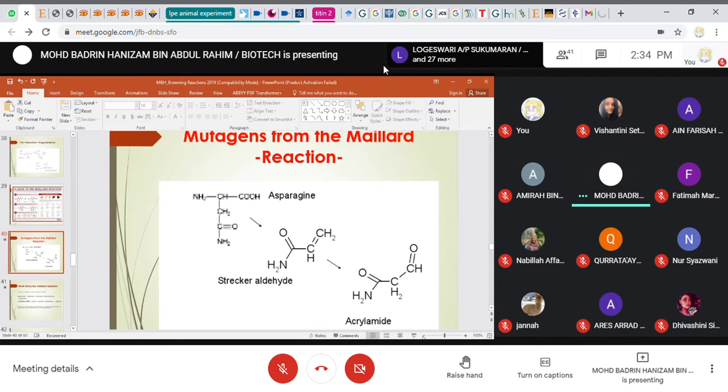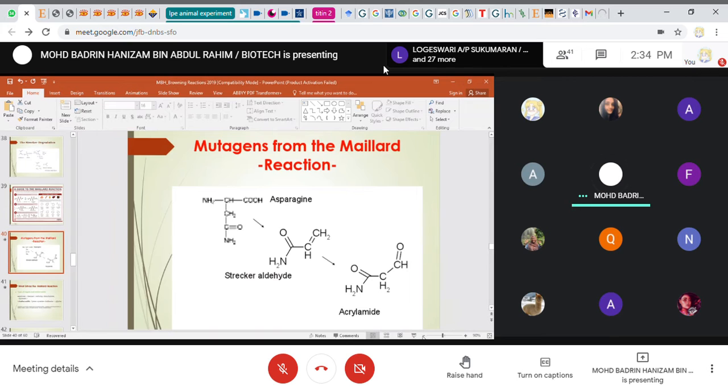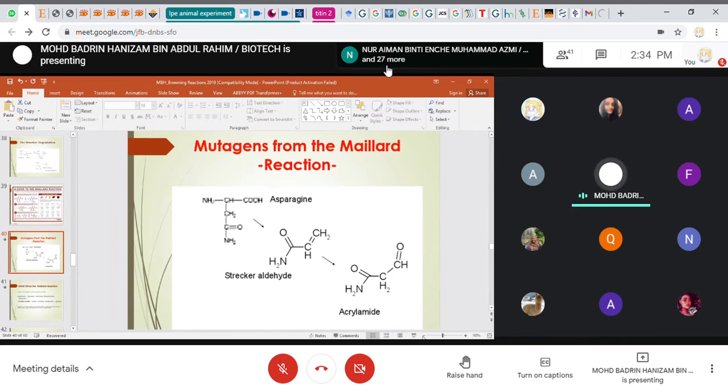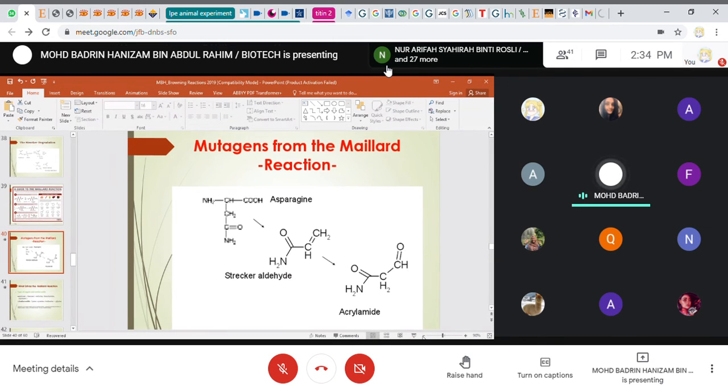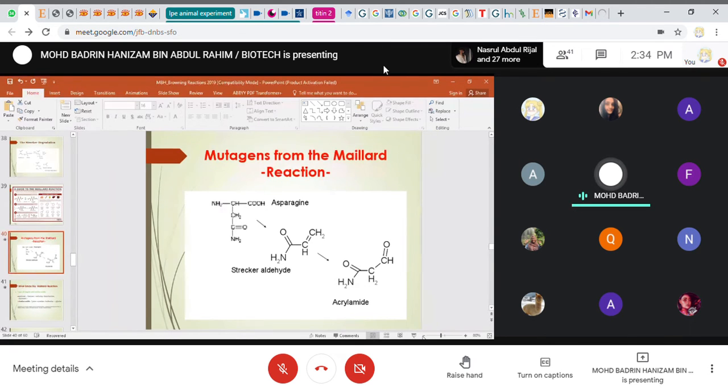So we know that the Maillard reaction is desirable in order to give you the taste or the smell that is characteristic of the food that you cook. But this Maillard reaction also can produce a mutagen in the form of acrylamide. For example, here, asparagine.